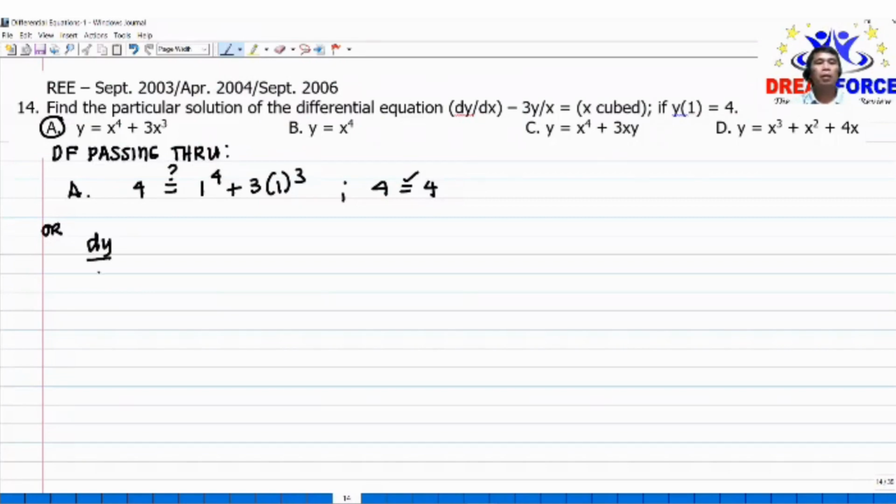Or dy/dx minus 3 over x times y is equal to x cubed. So here, we cannot separate the variables.